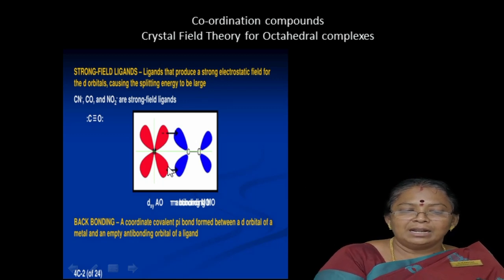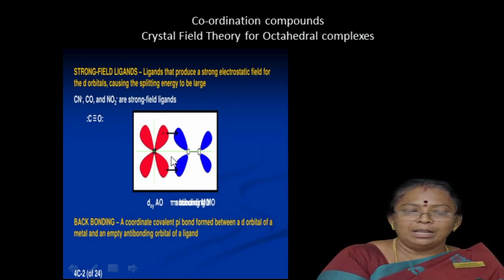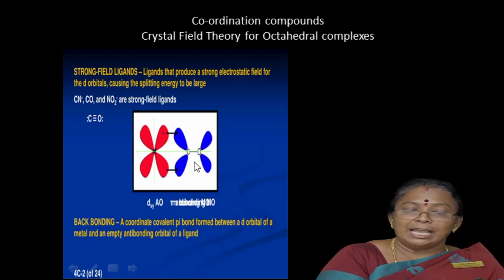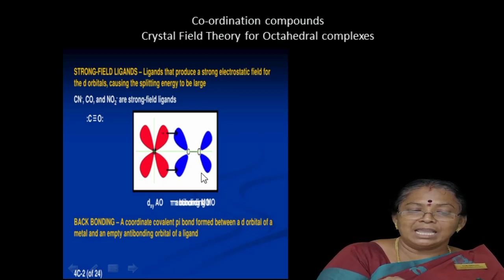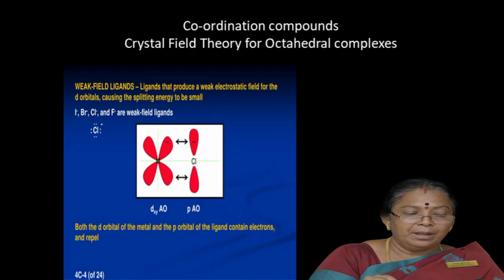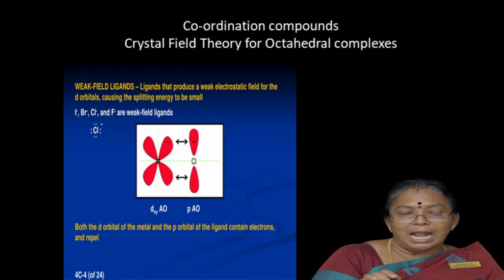This is the dxy orbital; the red color denotes the orbital of the metal atom, and the blue color denotes the orbital of the ligand. When this electrostatic interaction is carried out, some energy is gained by this molecule and the energy gap between the T2G and Eg is increased.